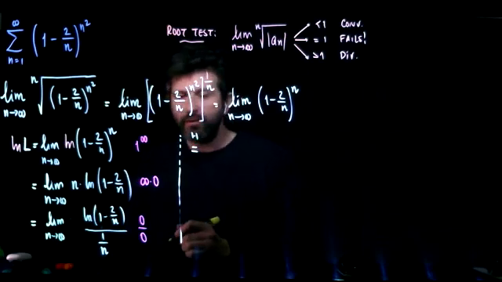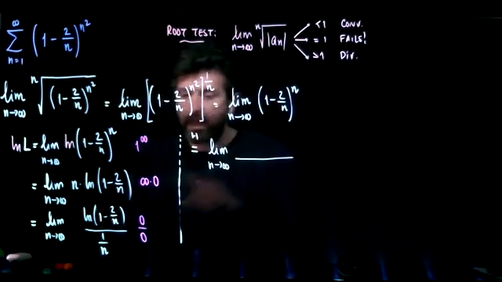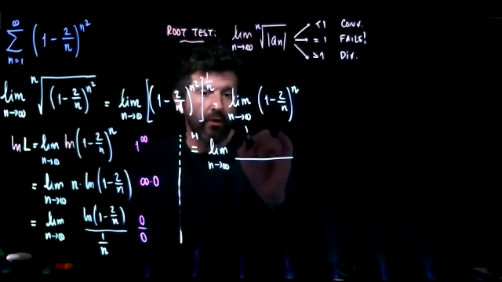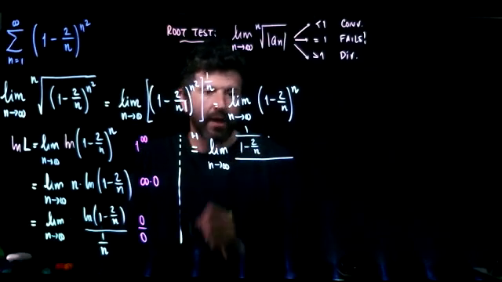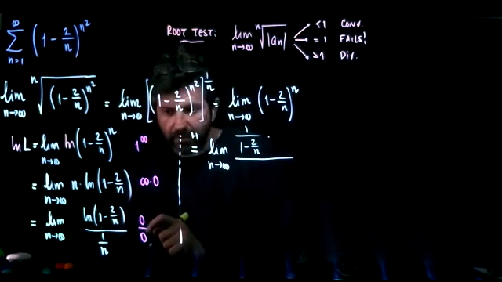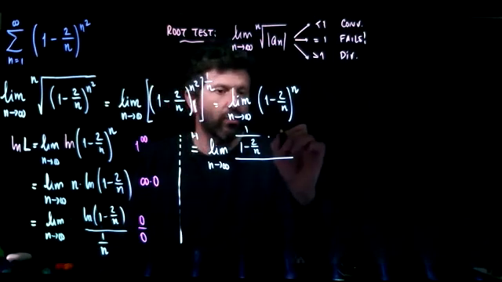Okay, let's continue here. So it's equal, and now I'm going to apply L'Hopital's rule, with a little h here. The limit as n approaches infinity of the derivative of the top: the derivative of ln is 1 over this, times, of course, chain rule, so I derive the inside, which if you derive 1 minus 2 over n gives you 2 over n squared.